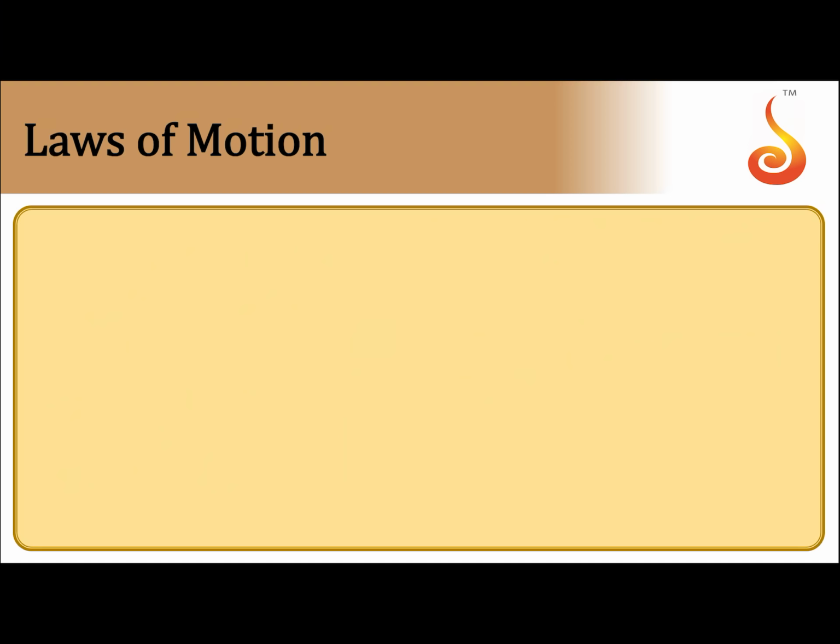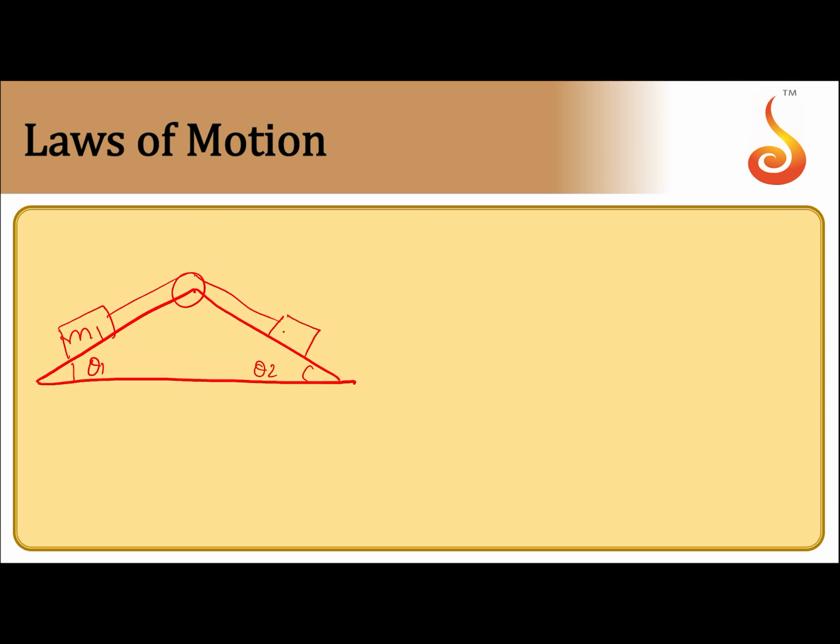One more example. We have this setup. This is say theta 1, this is theta 2, and we have a block of mass M1 and another block of mass M2. Assume that it accelerates in this direction. Then you can write the forces. Both the blocks experience friction in this case.